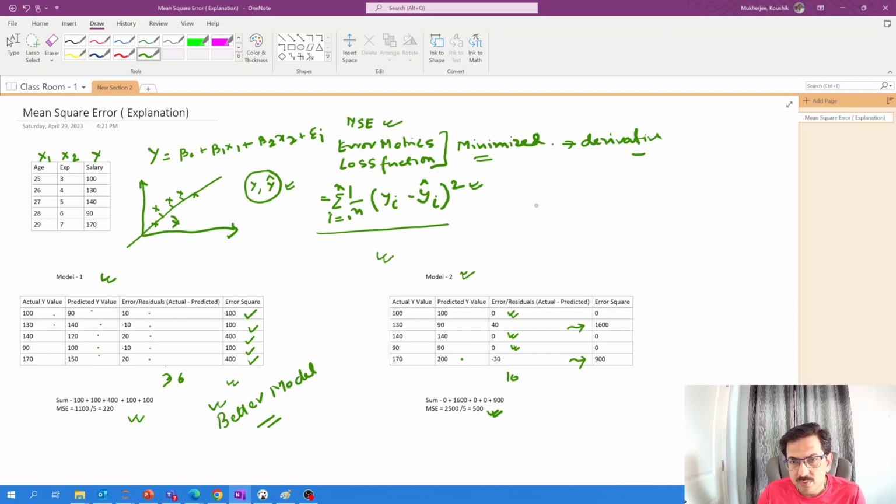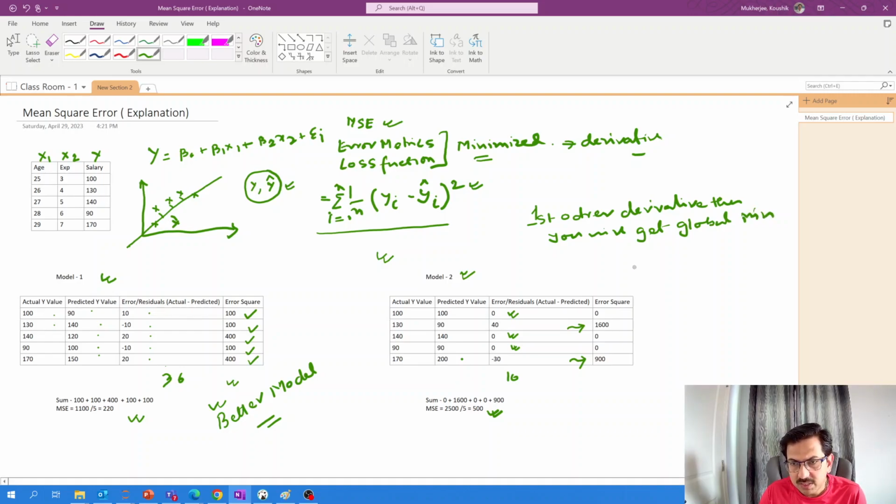The reason is that when you take the first order derivative, you get a global minimum. Your curve will be something like this, and your global minimum and local minimum will be the same. That's the reason for doing the square.